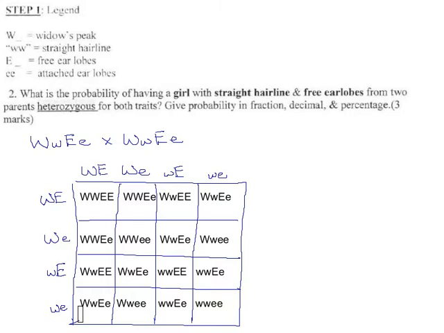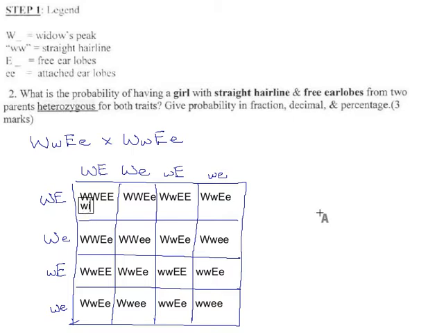Okay. I think all of those are all right. So, what does that give us for phenotypes? I suppose if I type that too, it might go a little quicker.